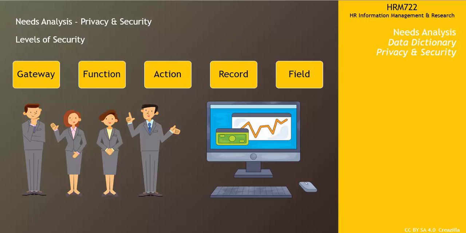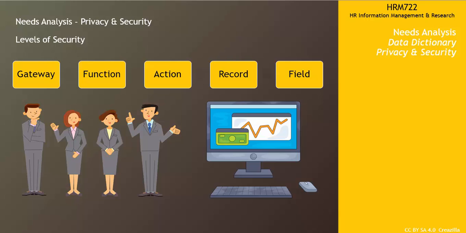Then once I give you access to certain functions, what can you do to it? Can you just look at it? So my assistant maybe can just look at things, not add or change or delete. But the boss maybe can add, change, delete, and view. That's called action. I could even restrict to the groups of people you can look at. So for example, if you're at a large corporation, I could give you access to only employees in your office or your region and nobody else.